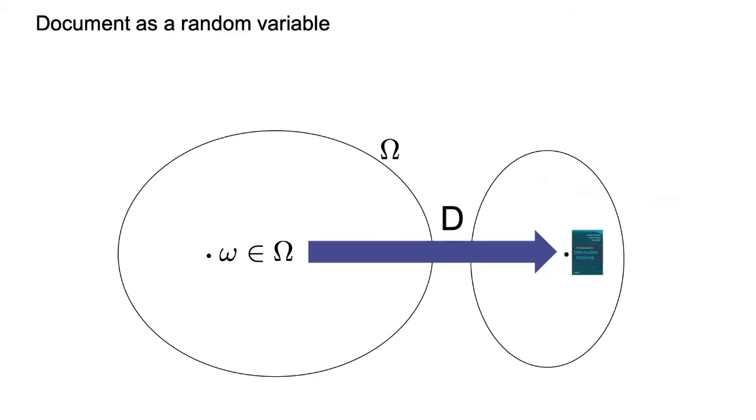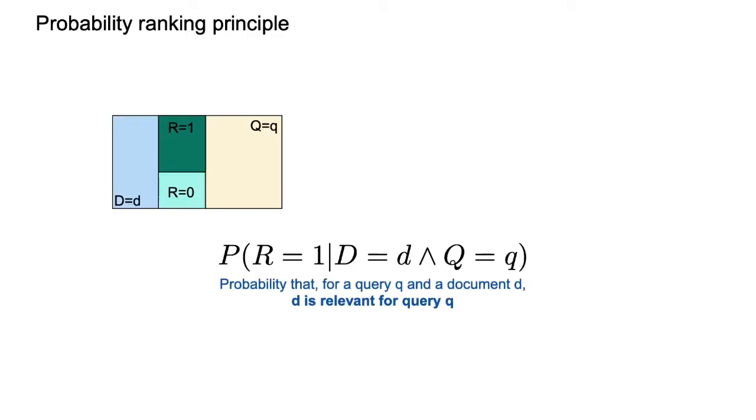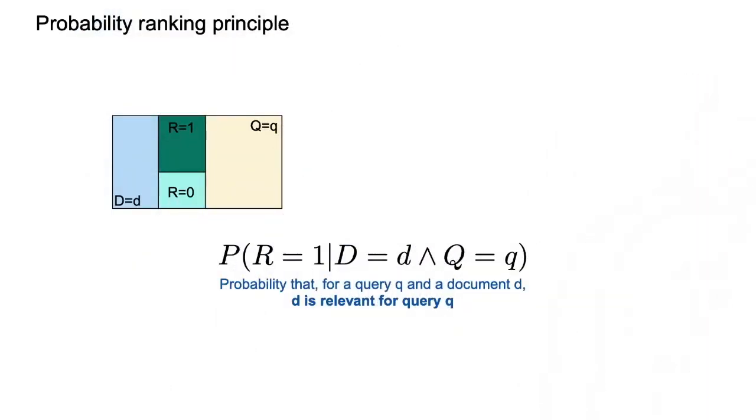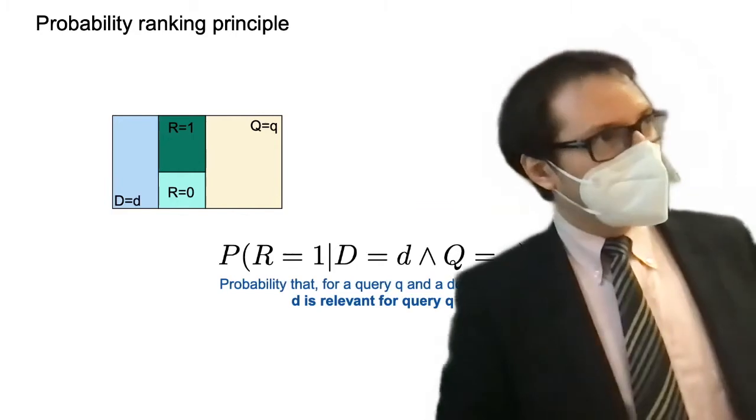So these big D, big Q, and big R are defined on the entire omega space. Right? Okay. And the beauty of having defined these random variables, R, Q, and D, is that now I can start writing down formulas that are probabilistic formulas, and I can even interpret them, right?